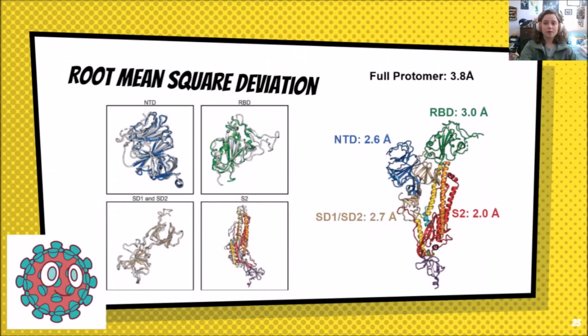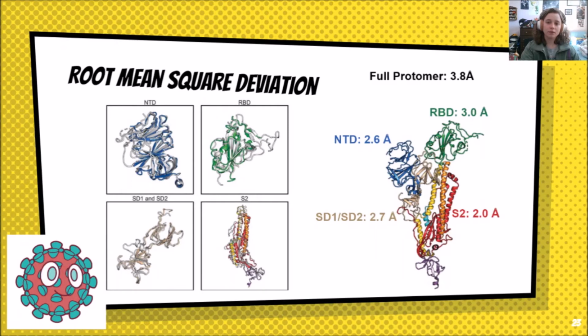So now that we have a good idea of how closely the full trimers match up, let's go back to the protomers with the paper. If we look at the left figure, we can see how closely each individual domain matches up, and then if we look at the right figure, we can get quantitative with it. So in this paper, they found that the root mean square deviation, which is a measure of how much they differ from each other, of COVID-19 to SARS was only 3.8 angstroms for the full protomer.